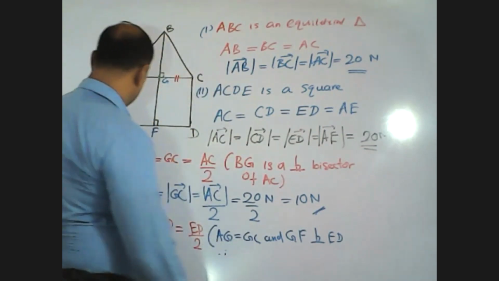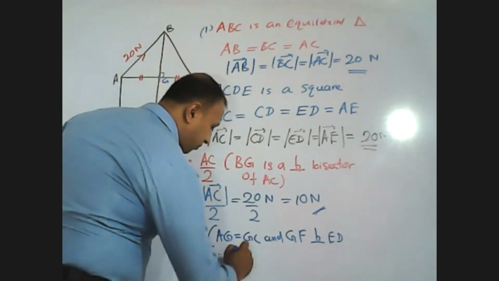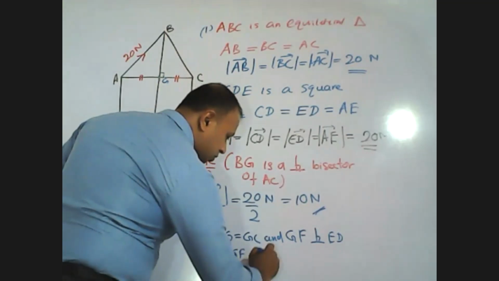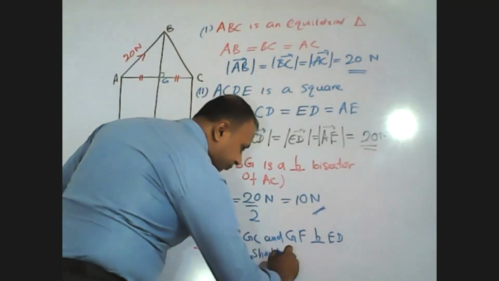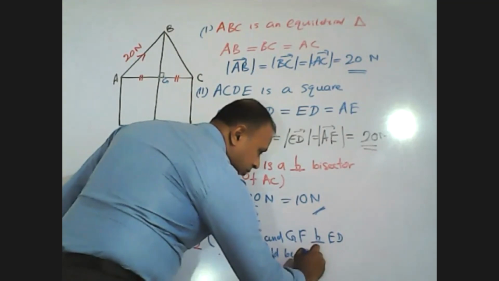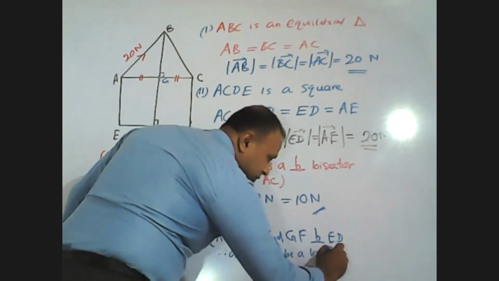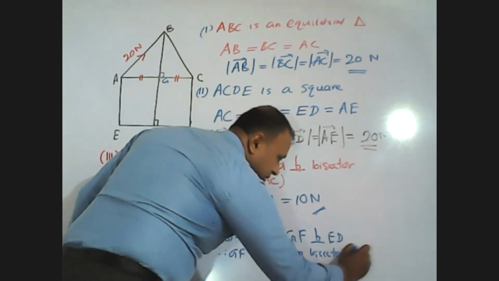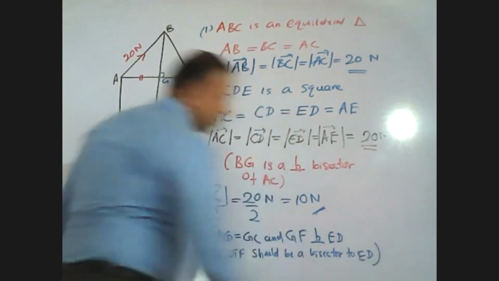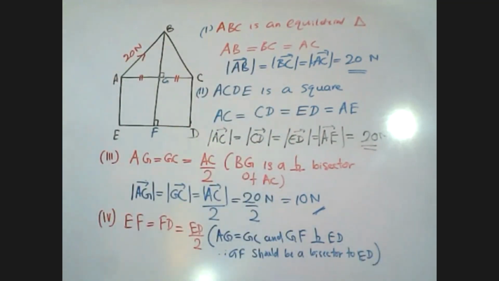Therefore, GF should be a bisector to ED.